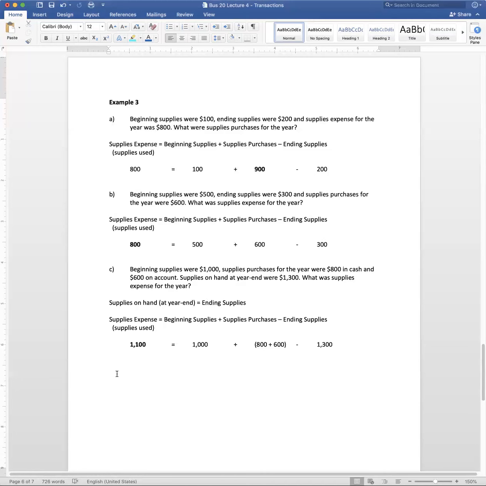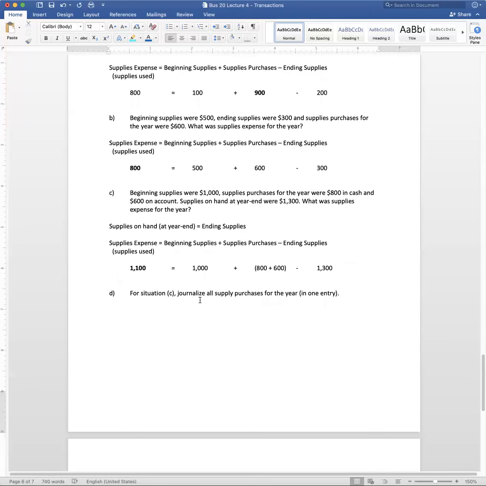Okay, let's keep going here. D. For situation C, we're going to journalize all supply purchases for the year in one entry. All right, so what do we have? We purchased supplies. So supplies are an asset. That means supplies are increasing, and that means we're going to debit supplies.